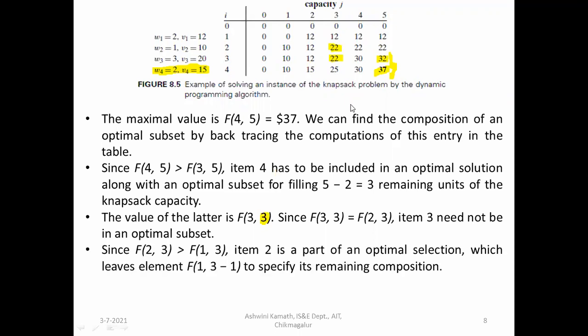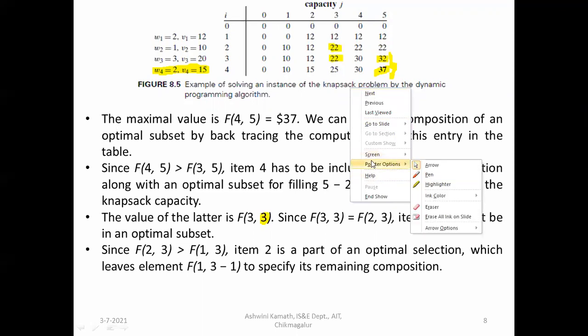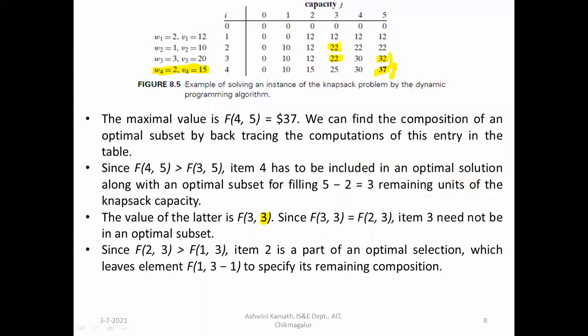Then we still have a remaining capacity of the knapsack equal to 3. Now compare 2, 3 with 1, 3. Here the values are not equal and the value of f of 2, 3 is greater than f of 1, 3.